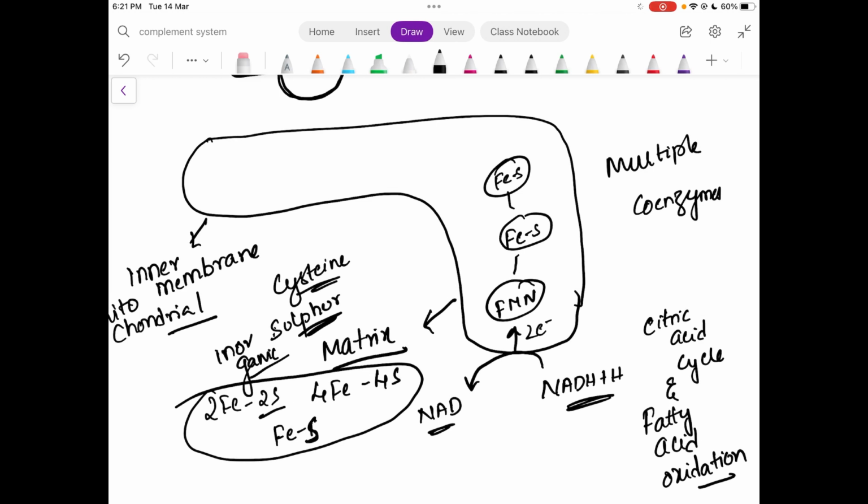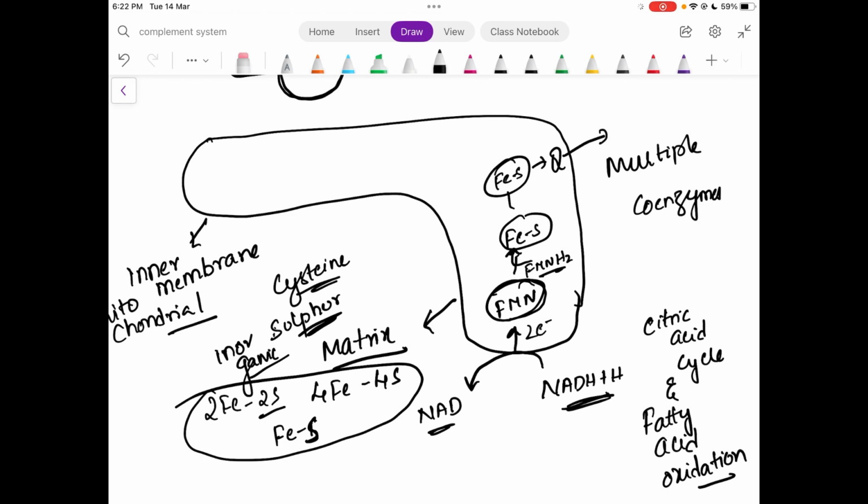From NADH, 2 electrons are transported to FMN, and this FMN is converted into FMNH2, and from this FMNH2, two electrons are transported to iron sulfur cluster. From iron sulfur clusters, two electrons are passed to Q, ubiquinone.